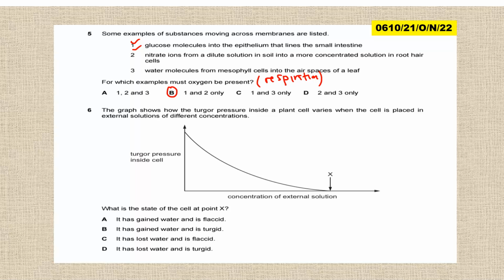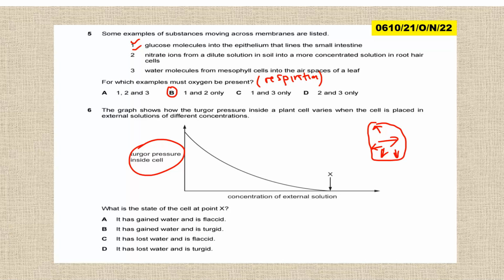Question 6. The graph shows how the turgor pressure inside the plant cell varies when the cell is placed in external solutions of different concentration. Turgor pressure, if you have a cell, is just the pressure pushing against the wall from inside. This is when the plant cell has absorbed a lot of water.